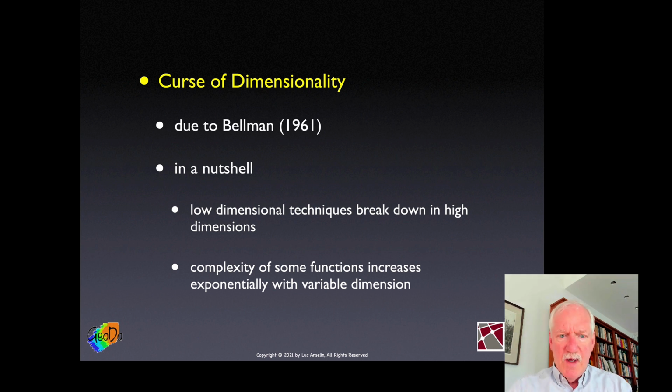And Bellman introduced this concept, and in a nutshell what it means is that techniques that work fine in low dimensions break down, either completely break down in high dimensions, or become so complex in high dimensions that they are impractical. So for example, if the complexity increases exponentially with the number of variables, then we're very quickly out of luck in terms of computing something in a reasonable time.